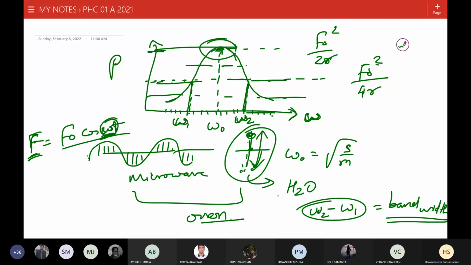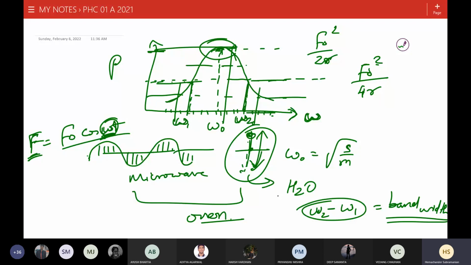Now, if you have a radio, do you want the bandwidth to be large or small? It has to be small, because you don't want interference from other channels. Let's say you have a channel here, another here, and another here. If your bandwidth is large, all those channels are going to be picked up.